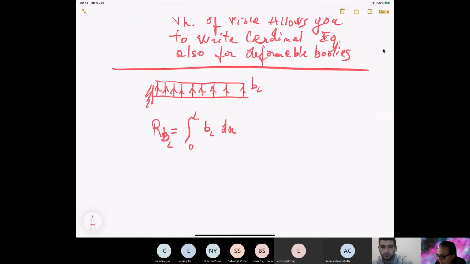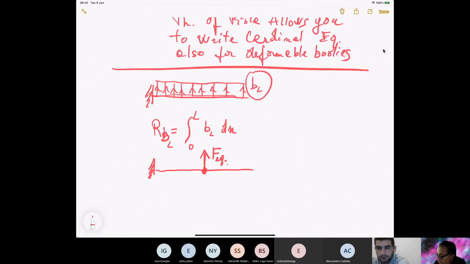So somebody learns by heart that I can replace this external force with an equivalent concentrated force, which is placed in exactly that point where the moment of F equivalent is exactly the same as the moment of the distributed force.